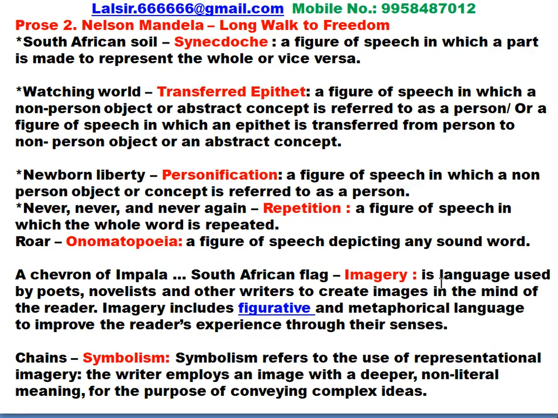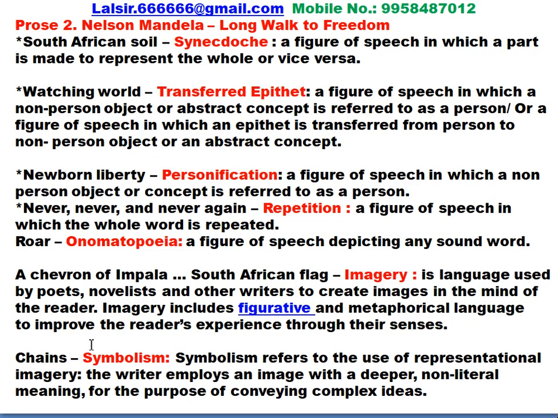So what is imagery? Imagery is language used by poets, novelists and other writers to create images in the mind of the readers. Imagery includes figurative and metaphorical language to improve the reader's experience through their senses. I'll be discussing all the types of imagery in a different slide altogether.